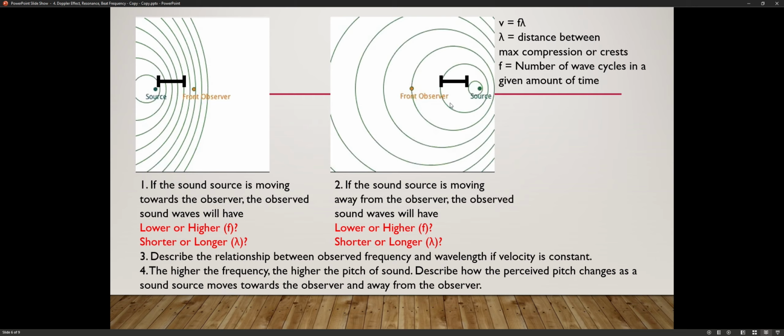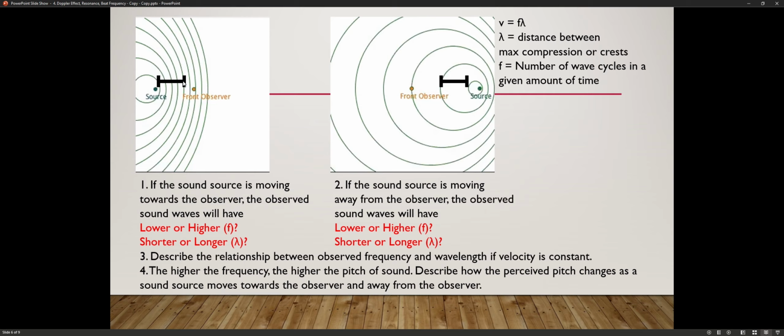But let's take a look at the second image. What's happening in the second image is a screenshot of the sound source moving away from the observer. So as the sound source moves away from the observer, there are fewer of these sound waves per given distance.